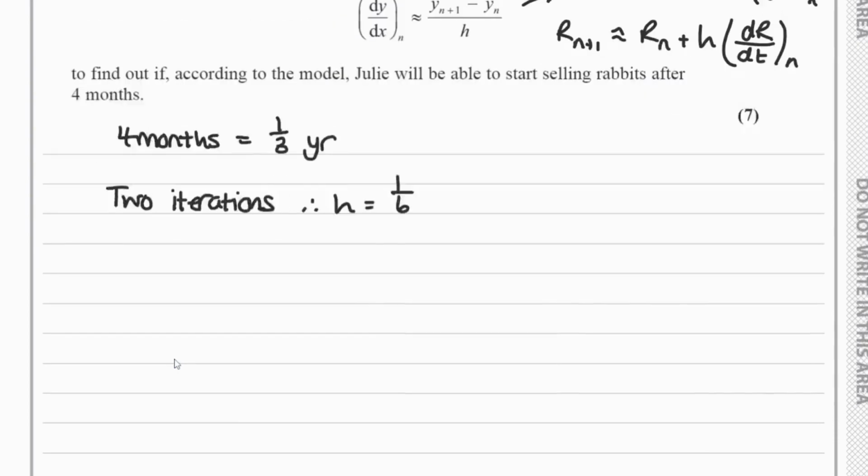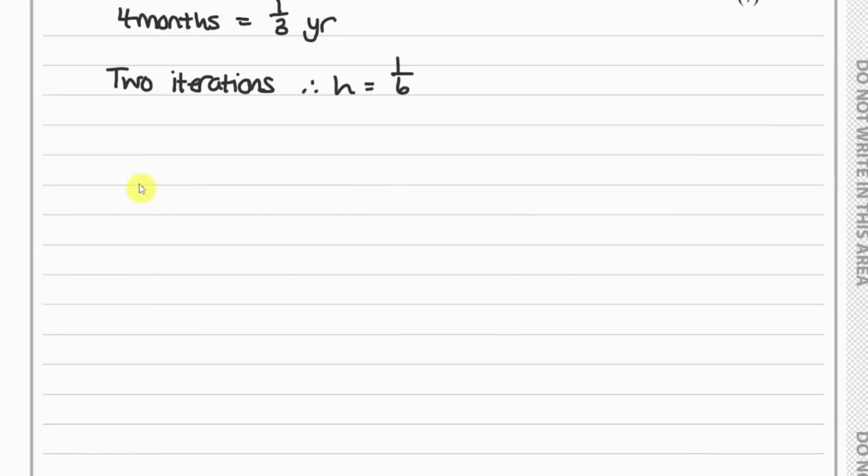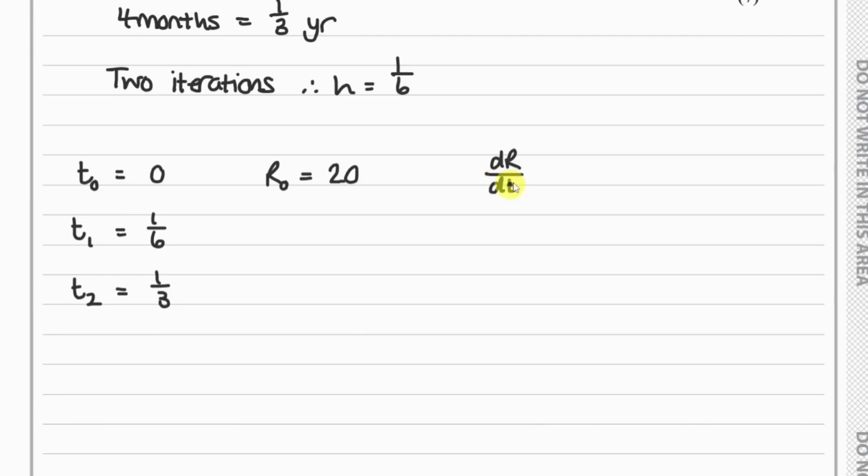What I like to do to keep track of all of my work is start to put a mini table to help. So t0 we know is 0, t1 we know is going to be 1/6, and t2 is going to be 1/3. I know r0 from the question, it tells me it is 20. And I've got a formula for dr/dt in terms of r and t, so I can go and work this out. r1 is going to be needed as well. r2 is what we're trying to find.